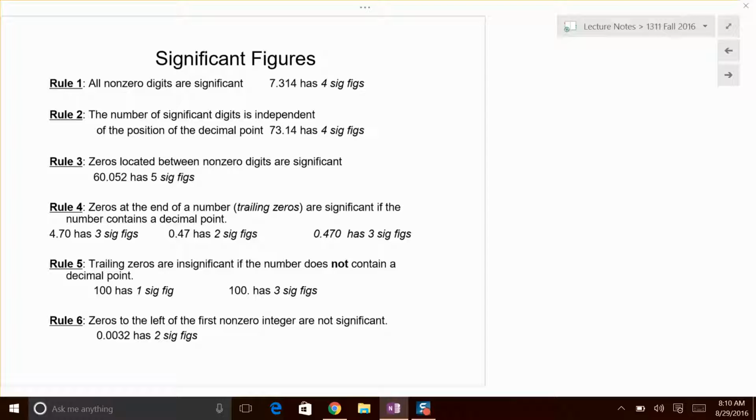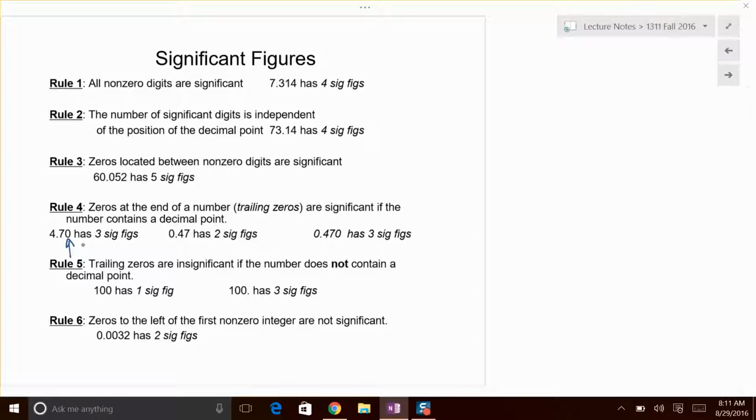But all you have to ask is, does it have value? Does that 0 there have value? 4.7 and 4.70 are the same number. If I put that number in my calculator, it doesn't change the answer, right? It's the same. So that means that this 0 is significant because it has no value. I write it.